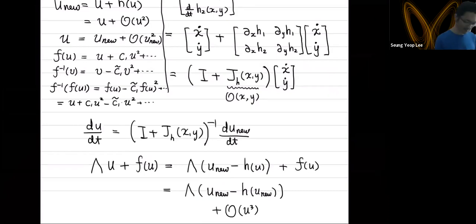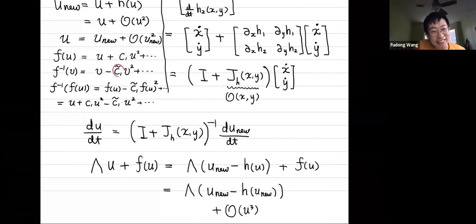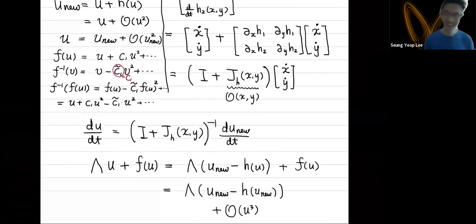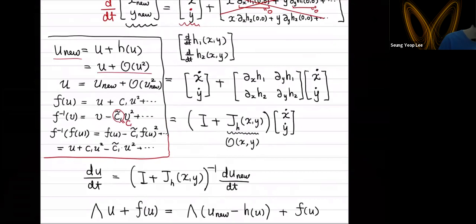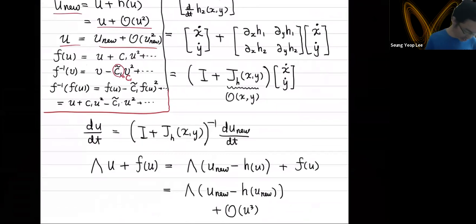C1 and C1 tilde have to be the same. So given a Taylor series like this one, it can be inverted also. Which means that if I change u by u nu, then u will be exactly u nu plus higher order.